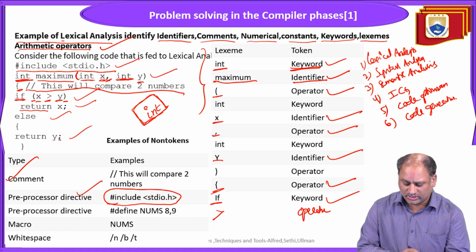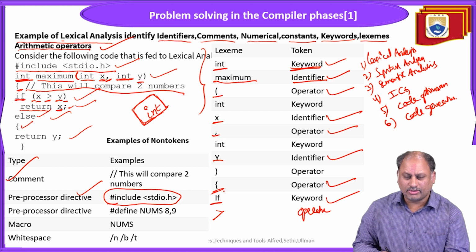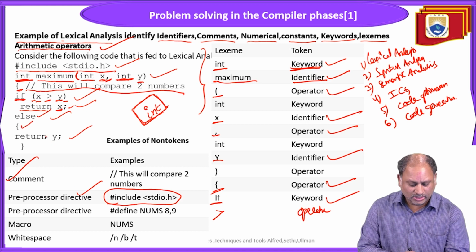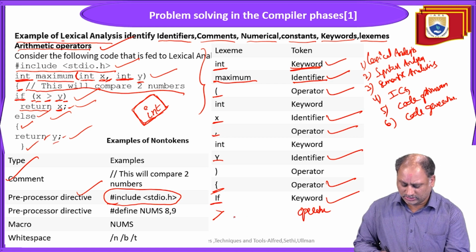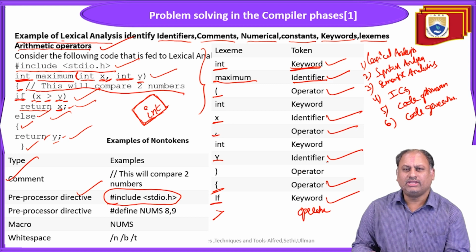Return is a keyword, x is an identifier, and semicolon is an operator. Else is a keyword, open curly brace is an operator. Return keyword, y identifier, semicolon operator. Right curly brace is an operator. Like this, it is going to be identified.